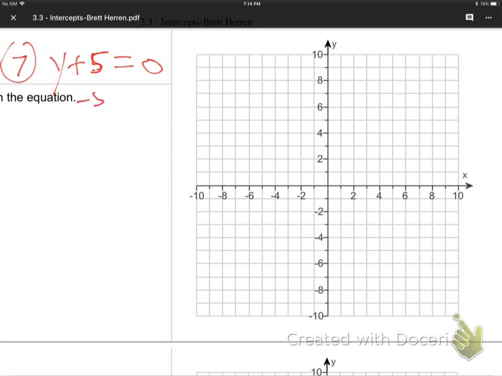So I'm just going to subtract 5 from both sides. So y equals -5. So then we know how to do that. Go to the y-axis, which is the up-down one, huh? Find the point -5 right there, and put a line through the y-axis at -5.